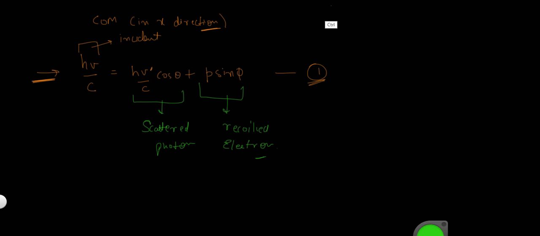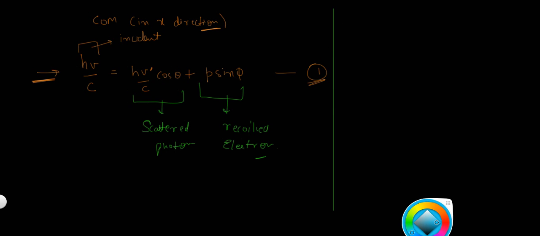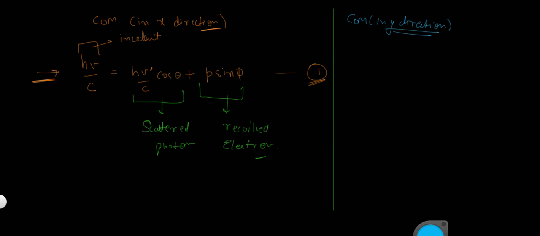Similarly, we can write the conservation of momentum equation in y direction, and let's do that. Conservation of momentum in y direction: initially there is no momentum in y direction, and finally there is momentum in y direction as minus p sine phi plus h nu dash by c sine theta.